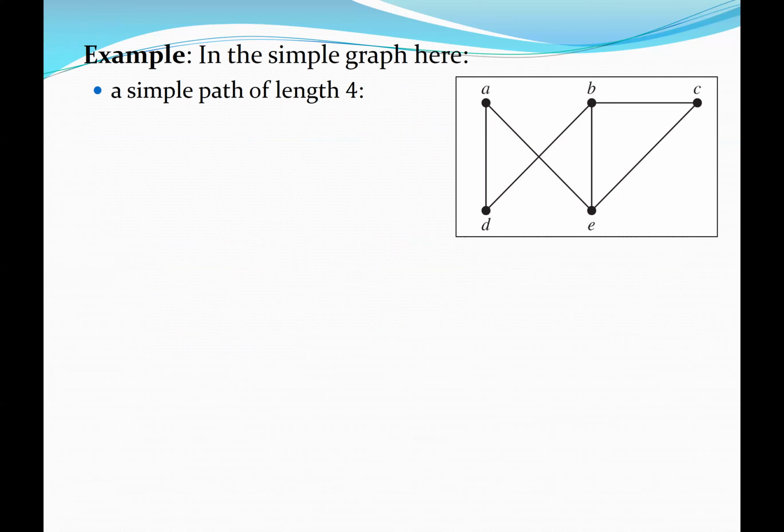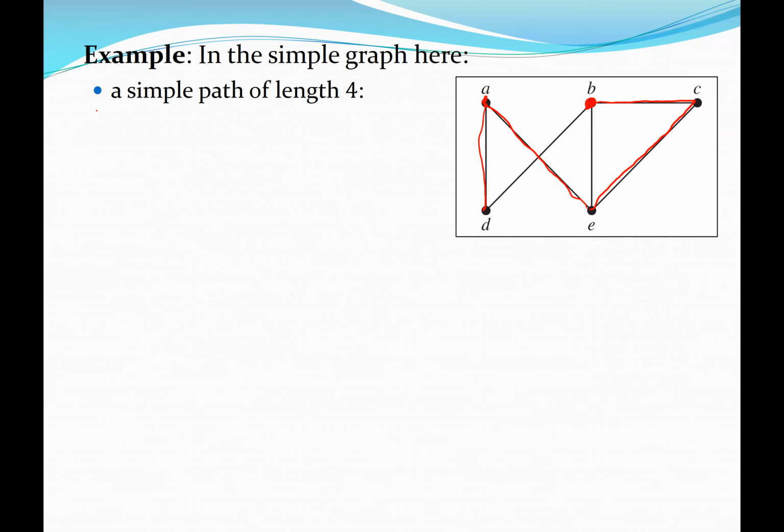Suppose we start at vertex B, and then travel to C, that's length 1, then travel to E, that's length 2, then travel to A, that's length 3, and then travel to D, that's length 4. Remember, it's a simple path, so you don't want to repeat the same vertex.